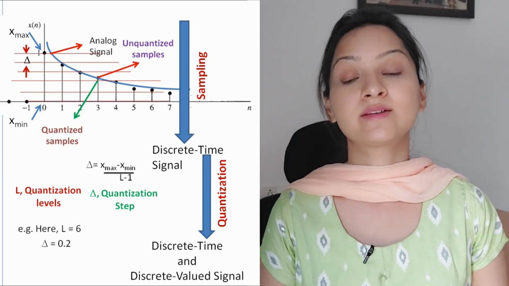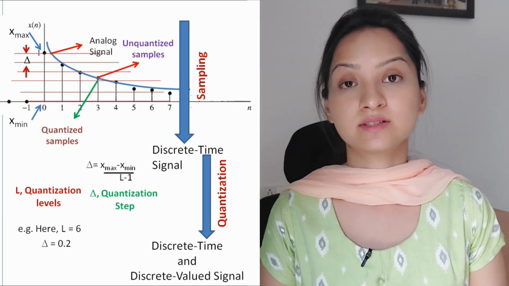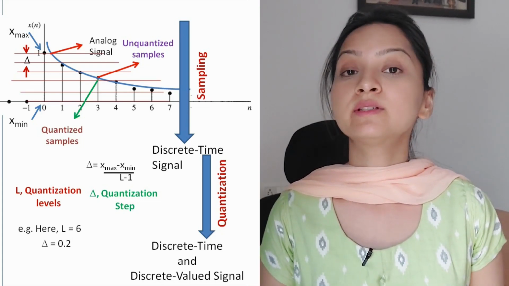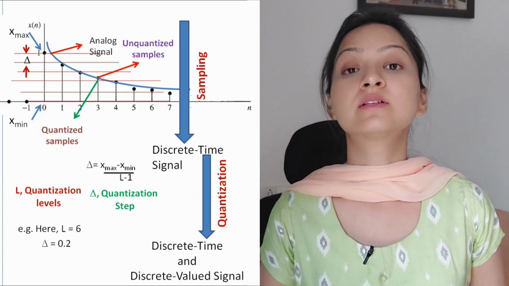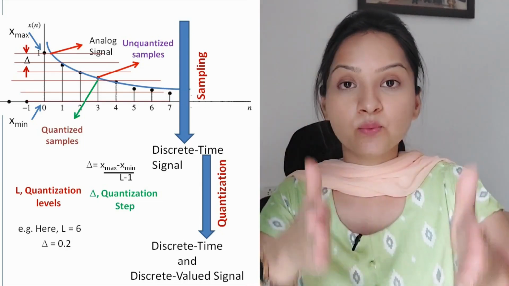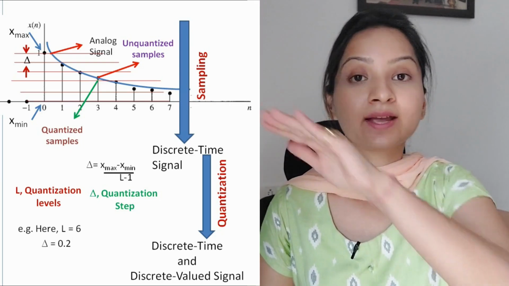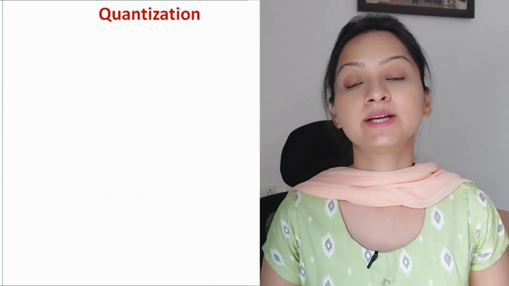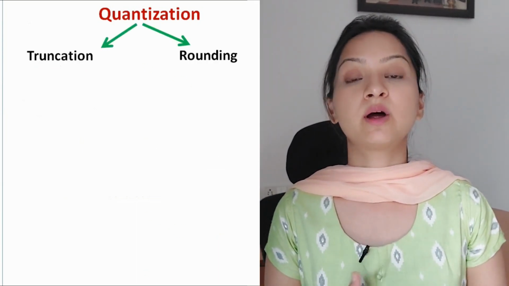Now what is quantization? What is this process doing? This is the process of converting a continuous valued signal to a discrete valued signal. Sampling was working this way, quantization is working this way. So quantization is basically an approximation process which can be obtained by truncation or rounding off.